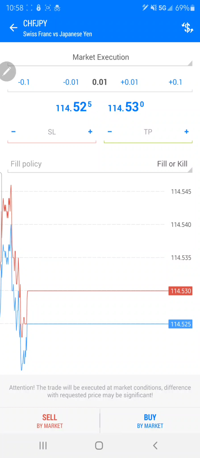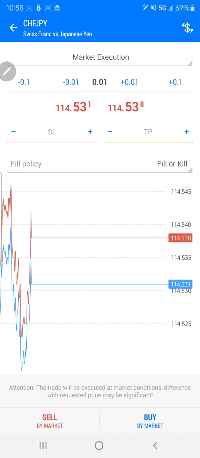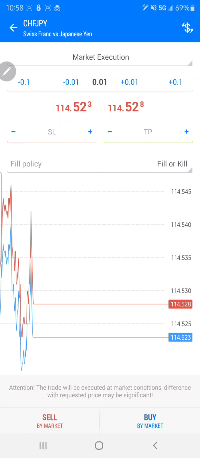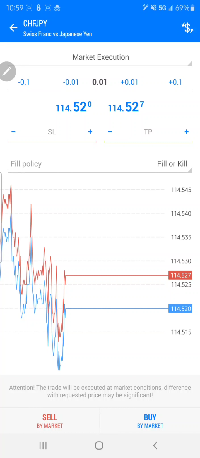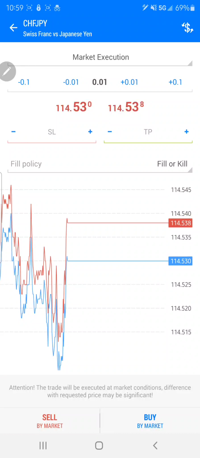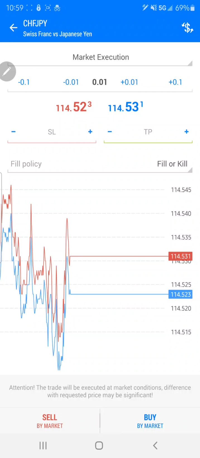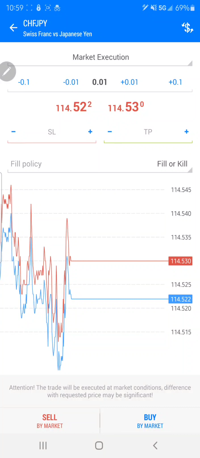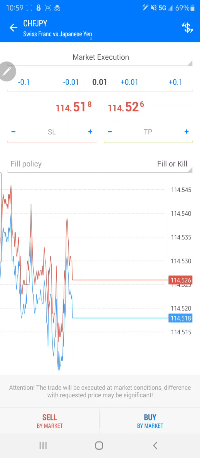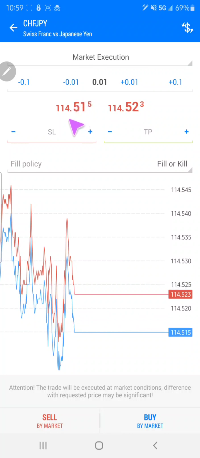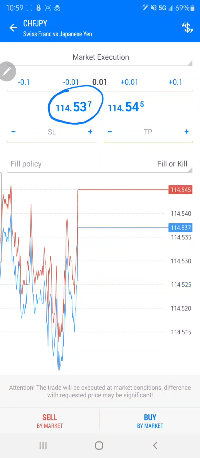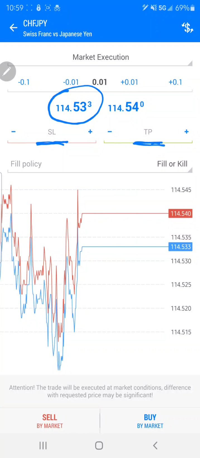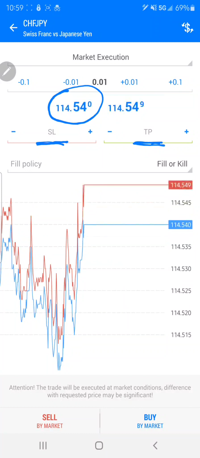But the one thing you want to make sure that you know for sure is which number to take the trade off of. If I am thinking that the market is going to sell, I need to be looking at this very first number right here, making sure that whatever I put here for my stop loss and here for my take profit are centered around that very first number.